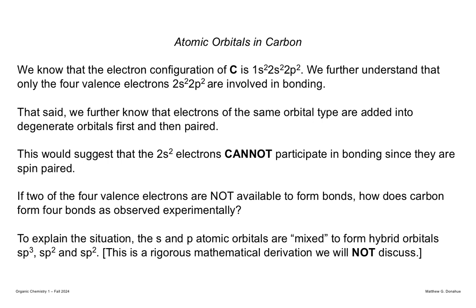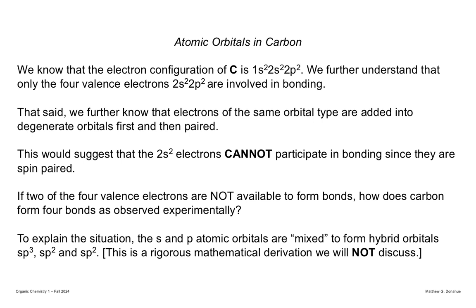So we have these 2 core electrons we're not considering, and the 4 valence electrons. 2 are spin paired, 2 are unpaired. There's an issue there. They reside in orbitals that don't fit the bond angles we observe in molecules. So of the 4 valence electrons, 2 are already spin paired, so we have to do something.